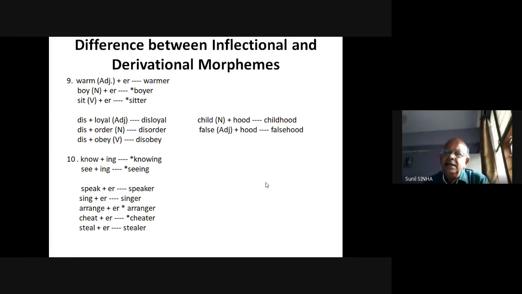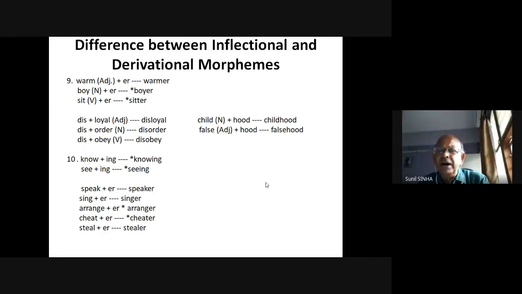Now, what did I say earlier? That ing can be added to a verb, almost all the verbs, with a few exceptions like know and see. ER can be added to a verb to get a noun, like speak, speaker, sing, singer. But ER cannot be added to all the verbs.